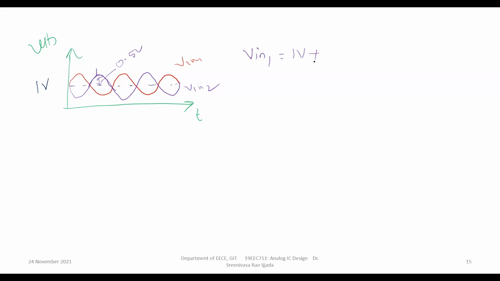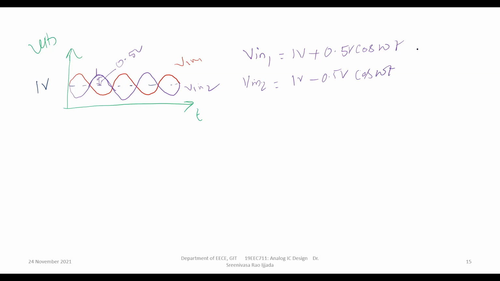What is the Vin,CM here? 1 volt. So 1 volt plus V naught cos omega t. What is V naught here? 0.5. So 0.5 cos omega t, of course 0.5 volt. So Vin1 is 1 volt minus 0.5 volt cos omega t.